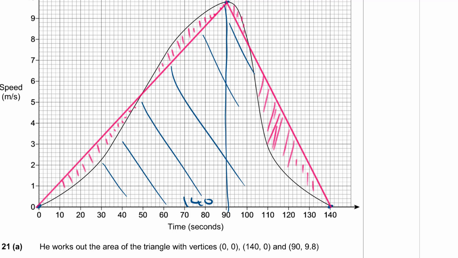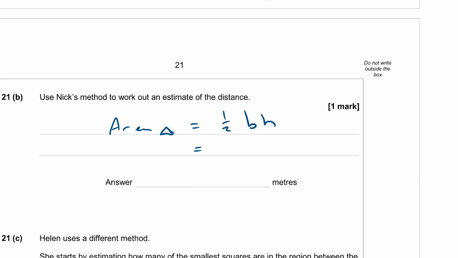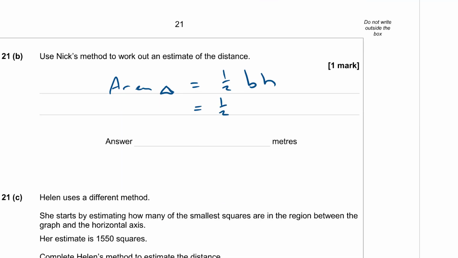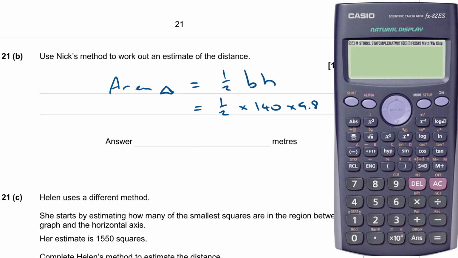That's the height there, 9.8. So it's going to be half times 140 times 9.8, which I get as 686 meters.